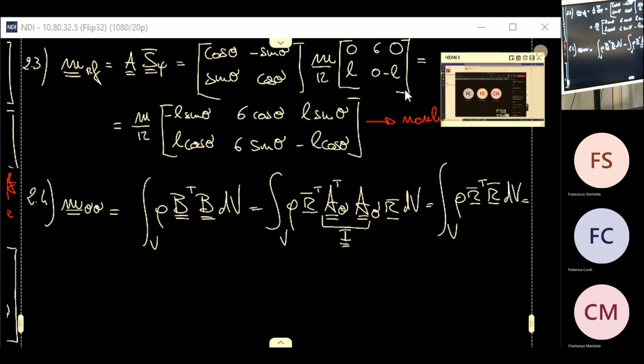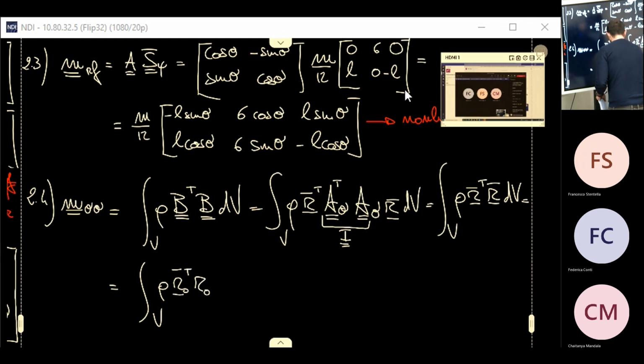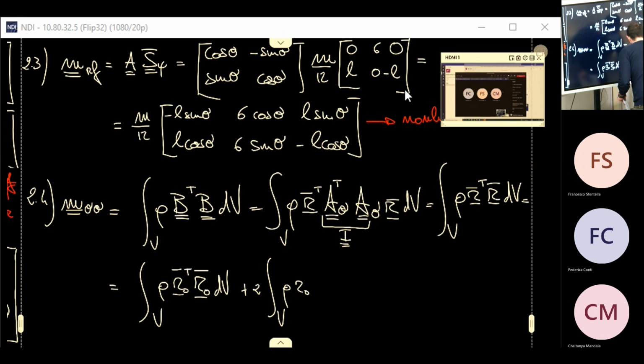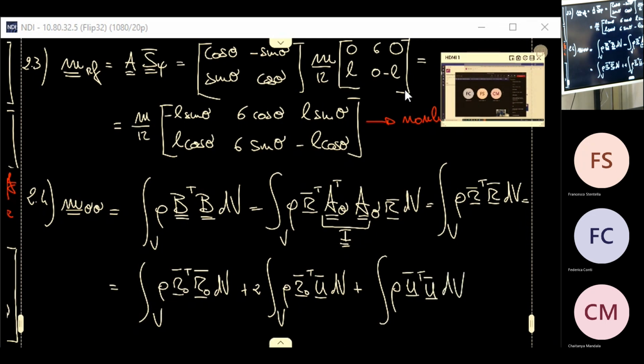And this, if we again unpack R over bar, can be written as the sum of 3 terms. So we have rho R0 over bar transposed applied over R0 plus 2 times the same integral, but this time like this, and then eventually okay.